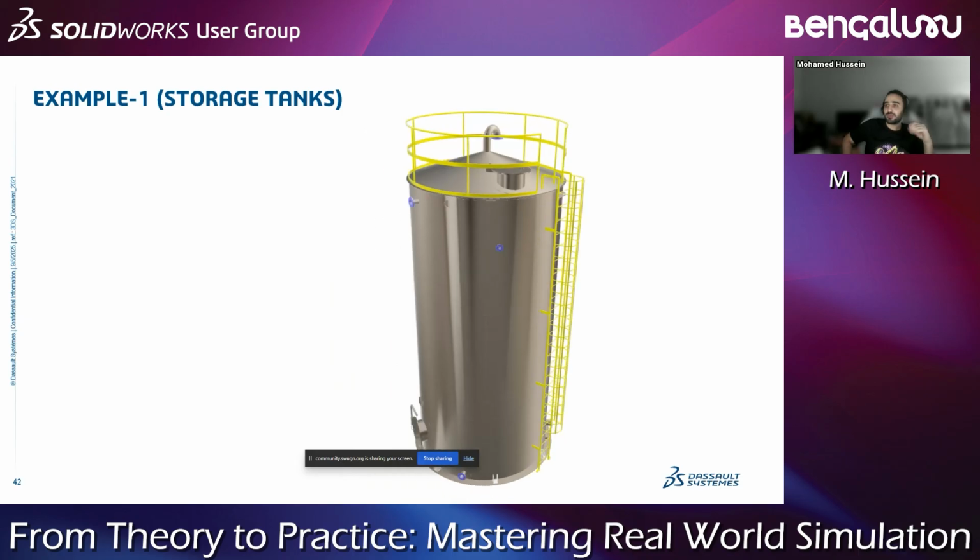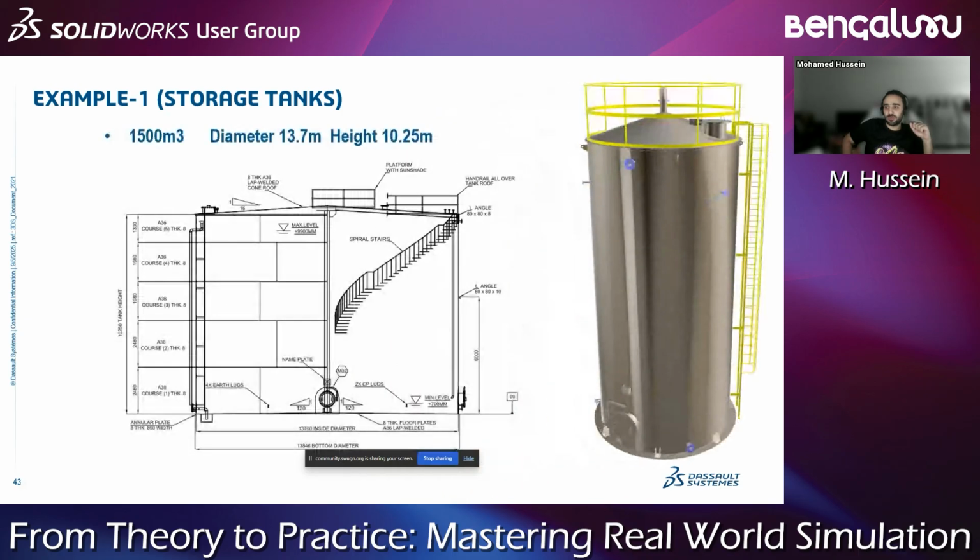So I'm illustrating here what we have done for our smallest size tank. It has a diameter of 13.7 meters and a height of 10.25 meters. It stores around 1500 cubic meters of liquid water. We have already designed and fabricated this tank, finished around 6 or 8 months back.